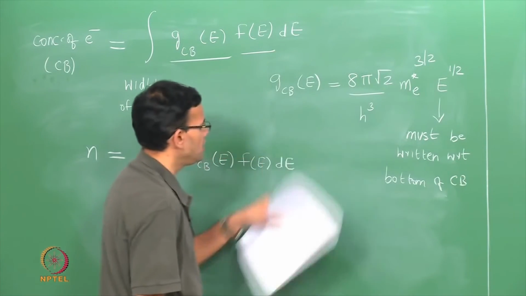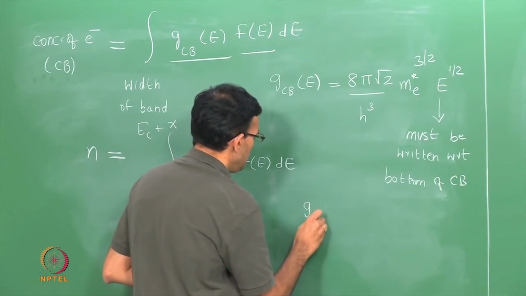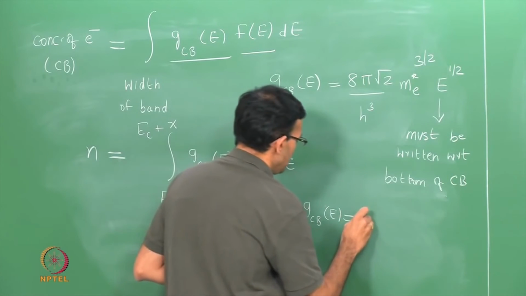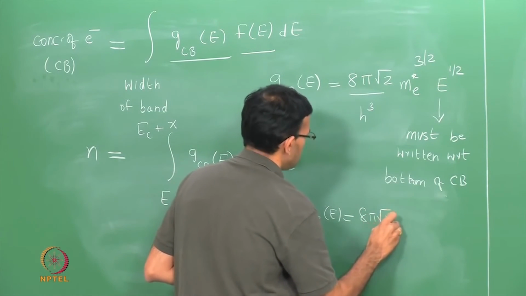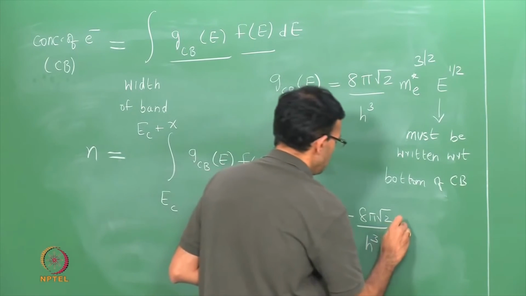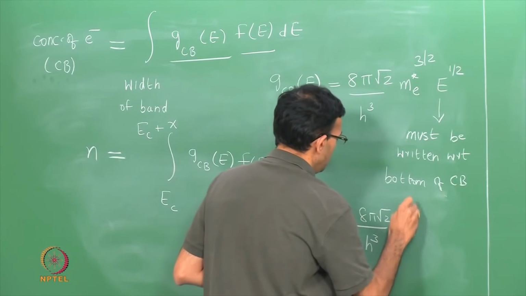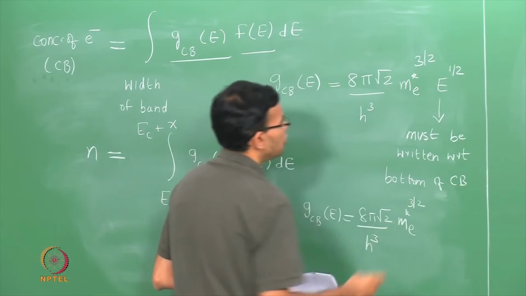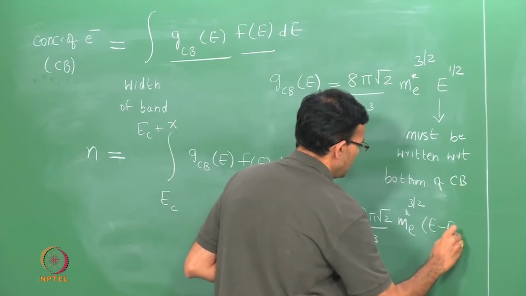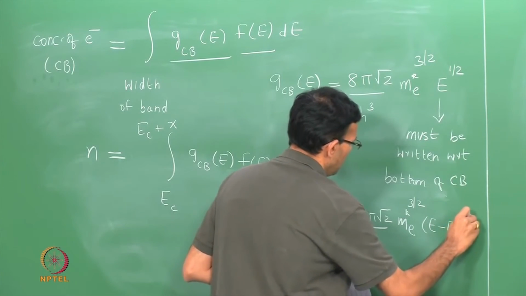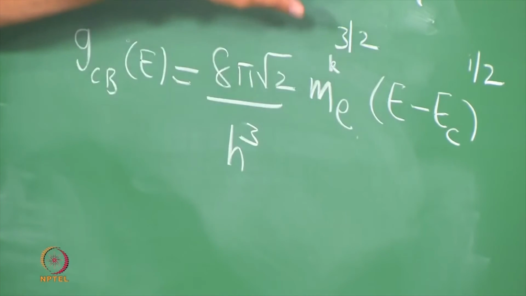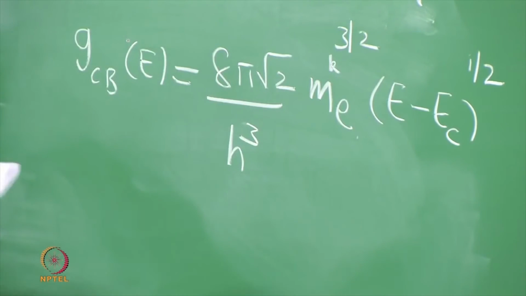So, we will modify this expression GCB and write it as 8 pi square root of 2 by h cube, me star to the 3 over 2, and instead of E we will write E minus EC, the whole power half, so that you are writing the energy with respect to the bottom of the conduction band.